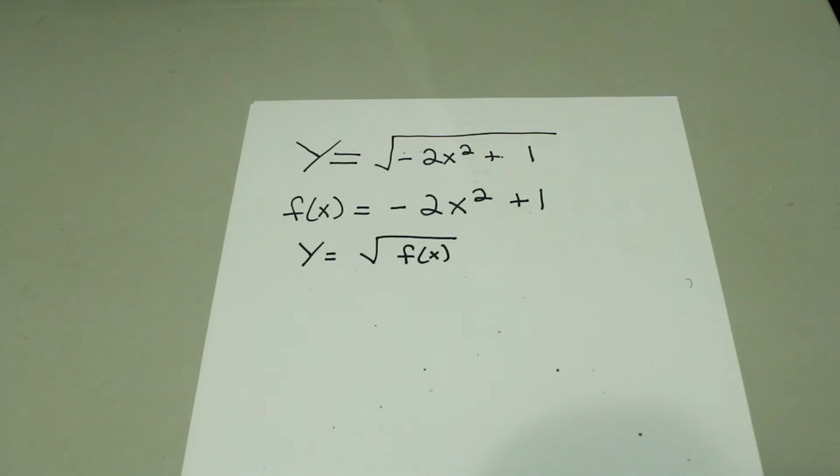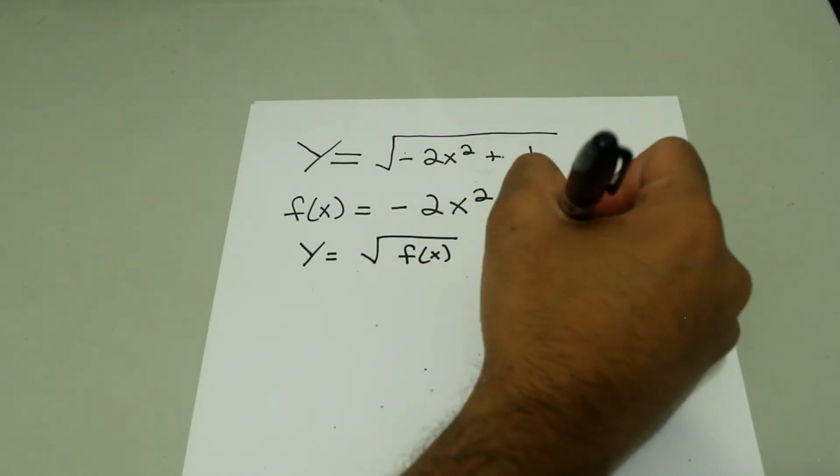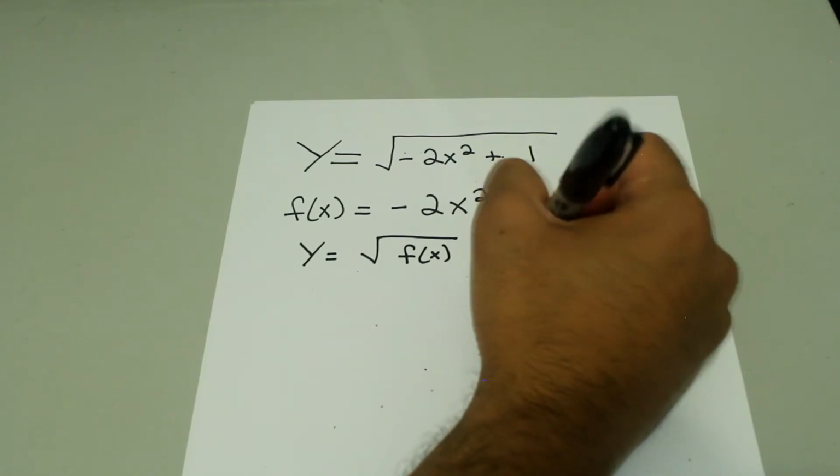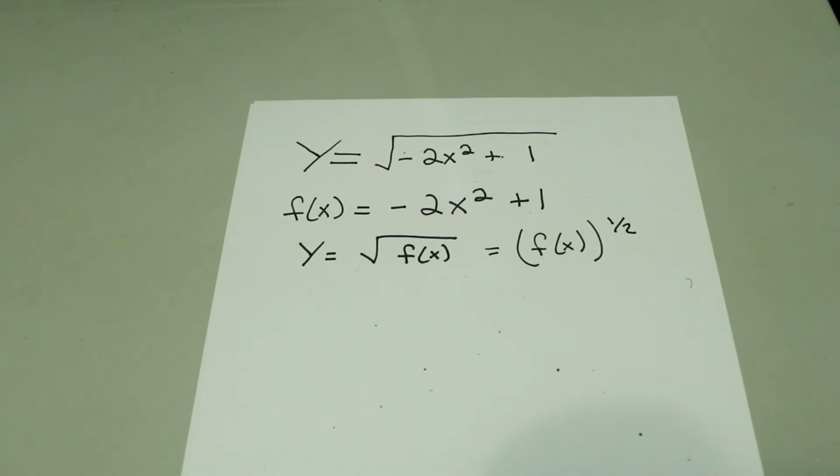And square root can also be written as f of x raised to the half power. Now we can just derive this like we did with the last problem.